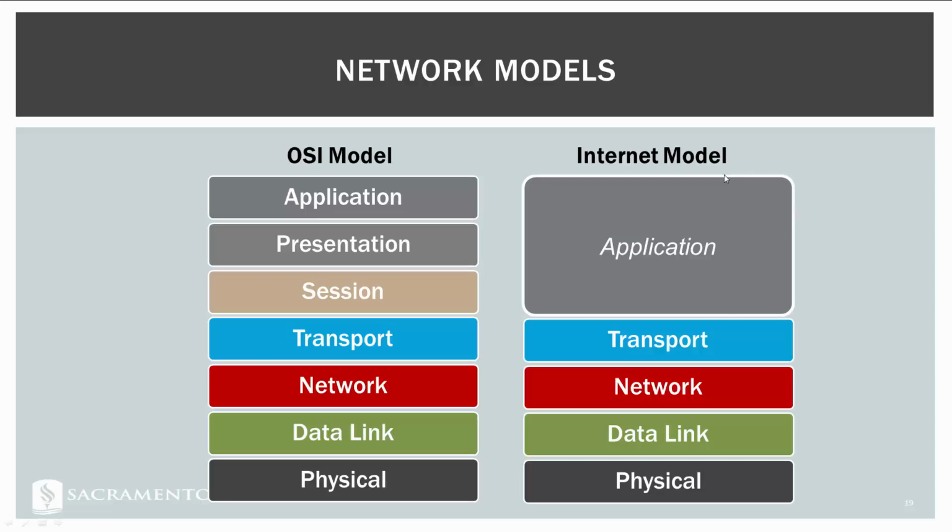The idea was that network people are going to deal with these bottom four layers, and software developers, the application people, are going to deal with the top layer, the application layer. And yes, the application layer does include the application software, the presentation, the session, but realistically, we're just going to call that the application layer in our discussions going forward. So we're going to use the internet model in the rest of our discussion and on the exam.